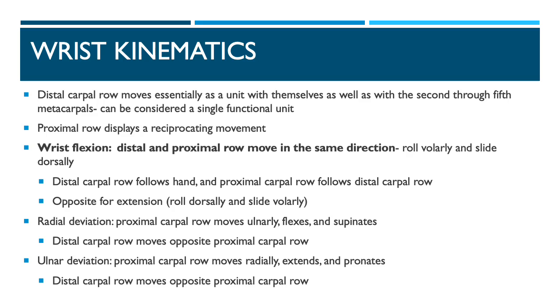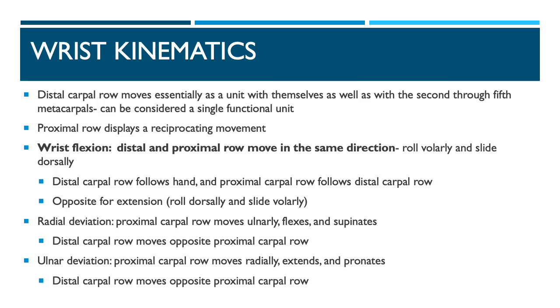Your distal carpal row has to come palmarly too, which means that the proximal carpal row is also going to flex forwards, but it has to kind of get out of the way and slide dorsally. The opposite is true for extension. So during wrist extension, the proximal carpal row is going to roll dorsally but slide volarly. So it's following the direction of your fingers.